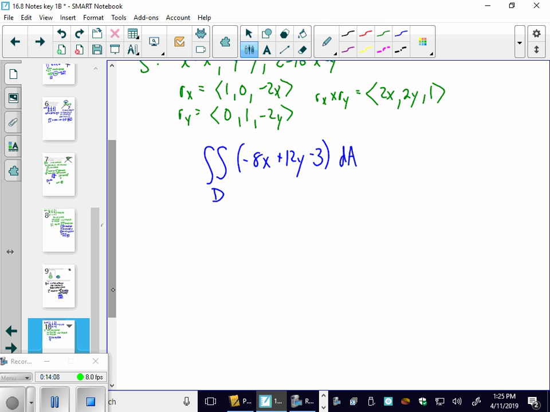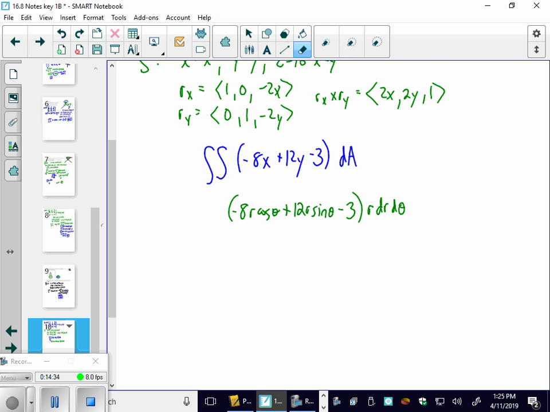So back to the actual antiderivative. It'll be negative 8 r cosine theta plus 12 r sine theta minus 3. And then we are changing this into polar, so we're not parameterizing it in polar, we're changing it into polar. So this is going to be r dr d theta.